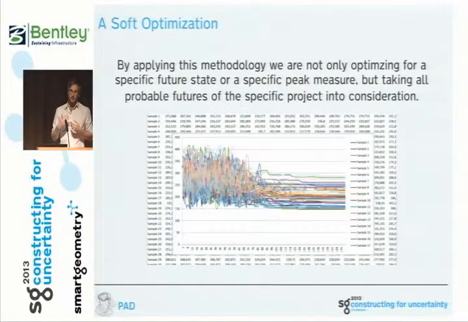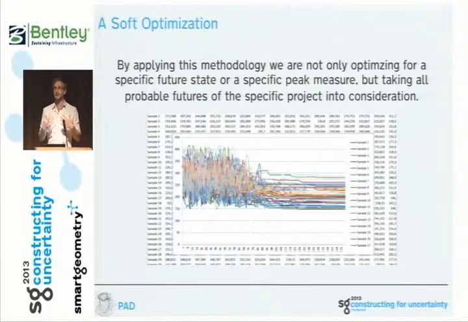So, of course, doing optimizations not only once, but hundreds of optimizations for different contexts, is a huge computational task. But what we gain from this is that we're not only optimizing for a specific case with a peak performative measure, but we're actually optimizing for all probable situations and also taking in their different probabilities.